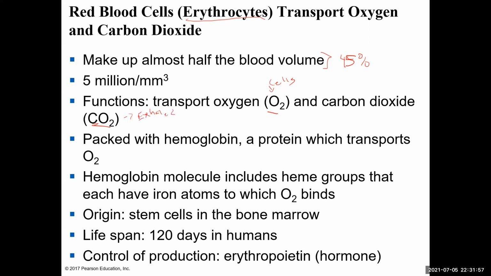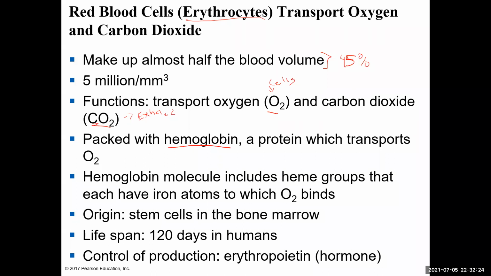during respiration. Now, red blood cells don't have a nucleus, and they don't have a lot of the other organelles that a regular cell has, because they are packed with a lot of hemoglobin proteins. These hemoglobin proteins carry and transport the oxygen molecules around the body.